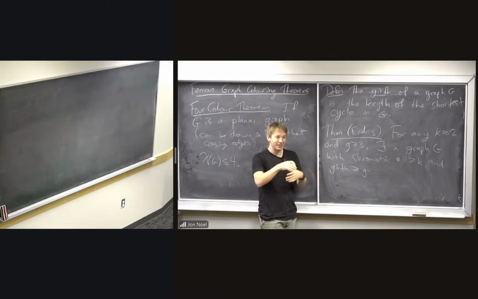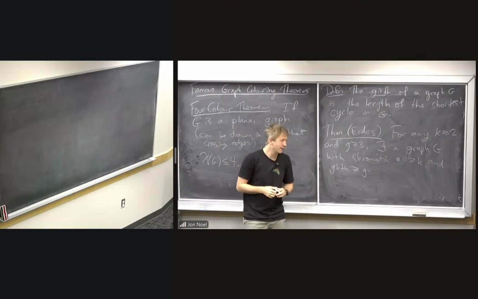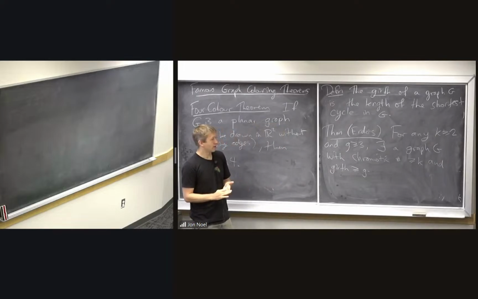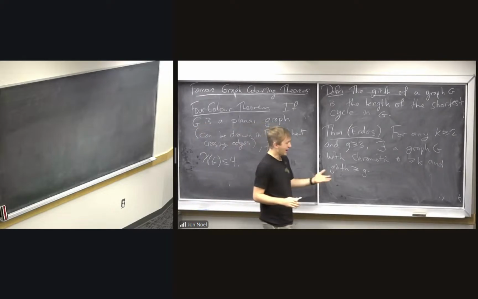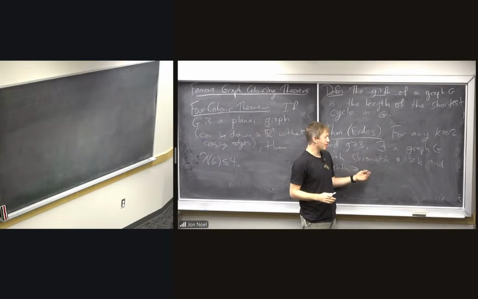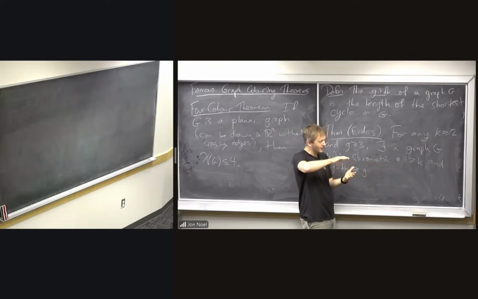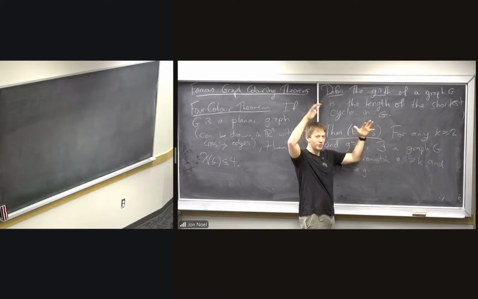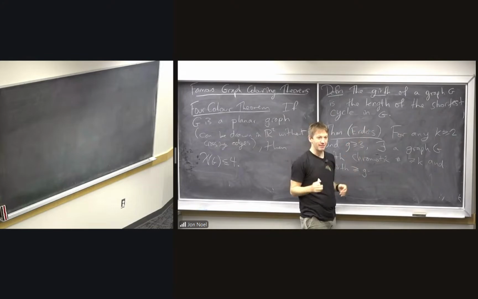The chromatic number could be 1,000 and the girth could be 1,000,000, so there's no cycles of length at most 1,000,000. Somehow having high chromatic number is this very strange property that doesn't depend on some small, dense cluster of vertices. It just depends on the structure of the graph globally all over the place, and it's kind of hard to understand.